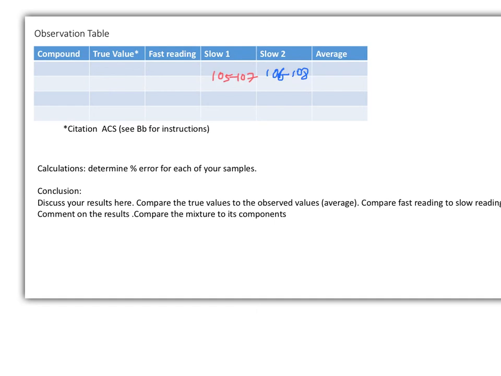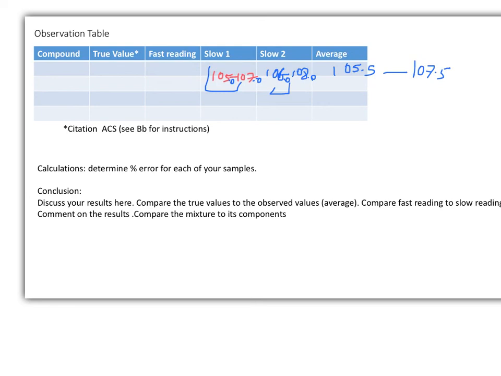Then you would have recorded 105.0 and 107.0, 106.0 and 108.0. So for the average, you're going to take the two lows, find the average for that, and record that as 105.5 to 107.5.